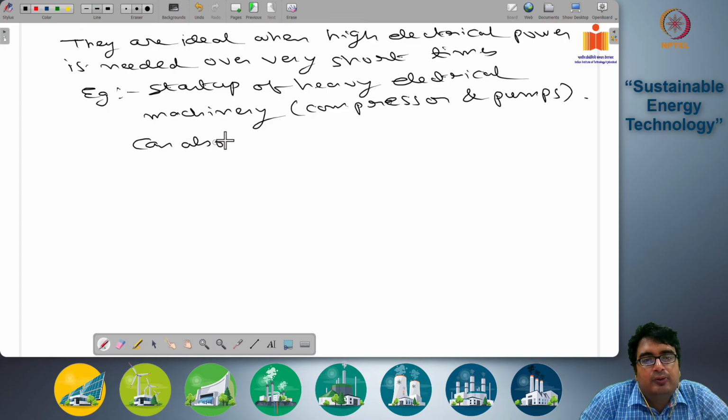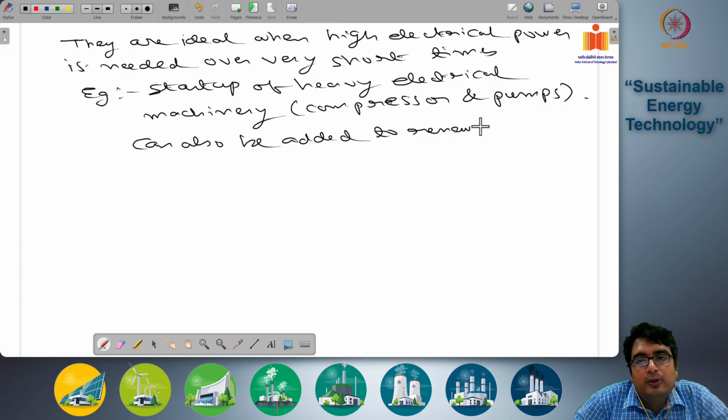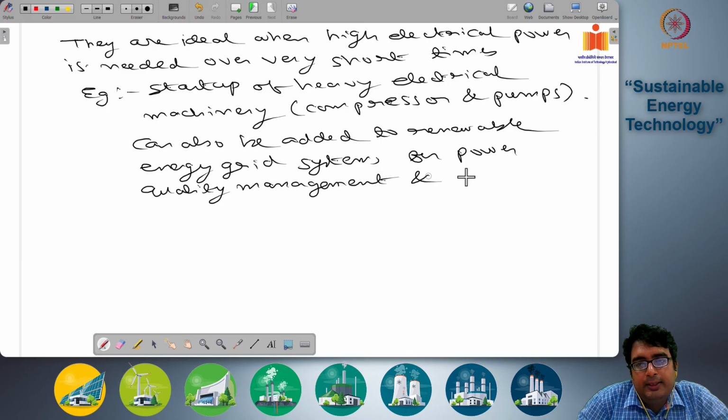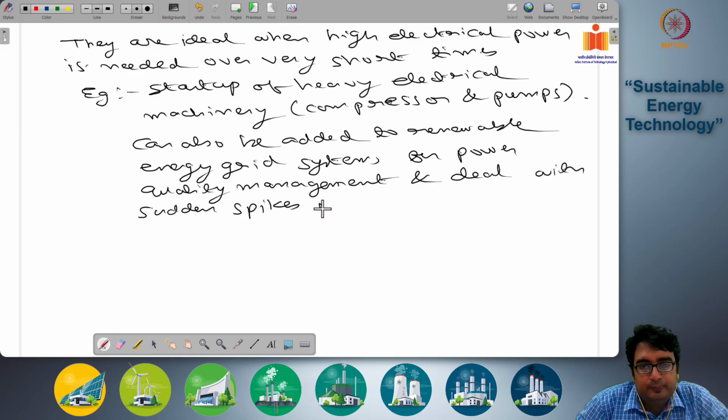They can also be added to renewable energy grid systems for power quality management and to deal with sudden spikes in demand or supply.